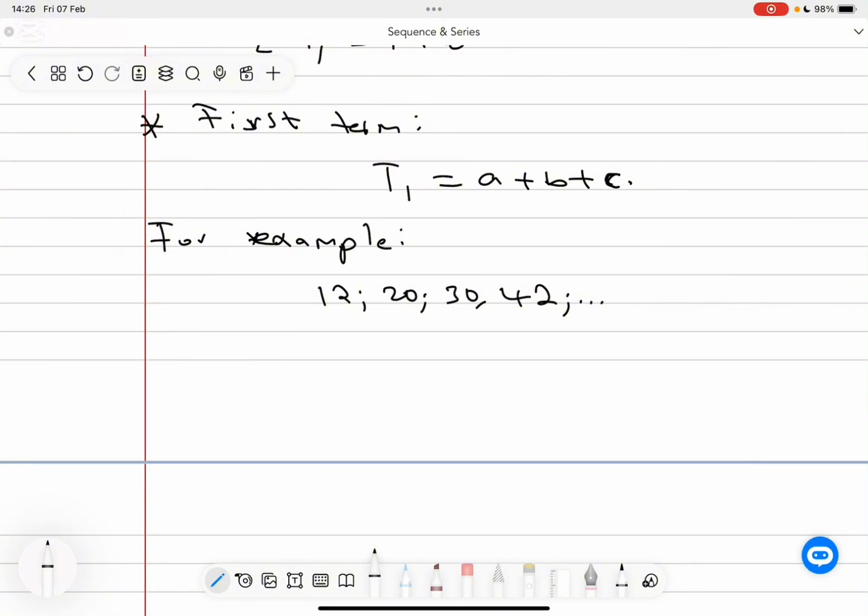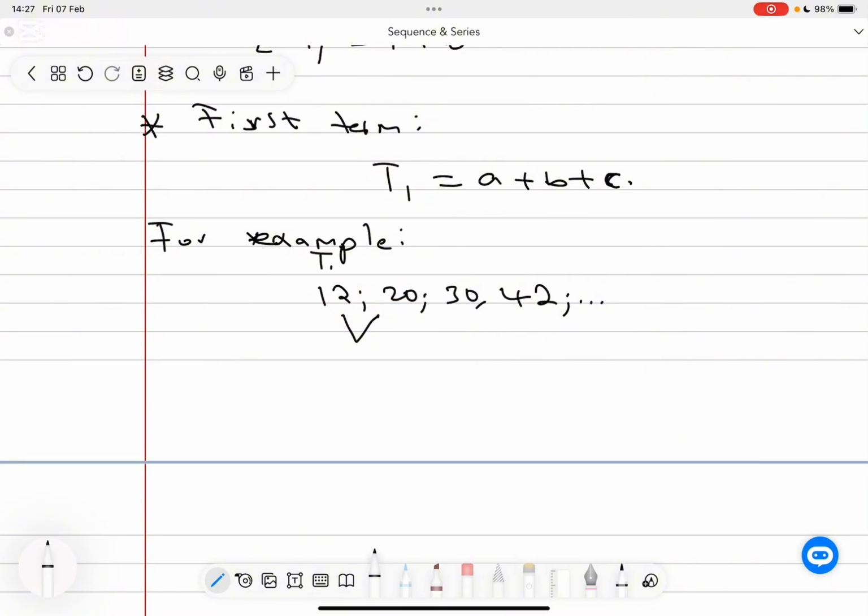Now what we're saying is that in this type of sequence, you would firstly study it to see if its properties fall under what we have just studied in a quadratic sequence. So we ask, what is the first of the first difference? This means I would say 20 minus 12.